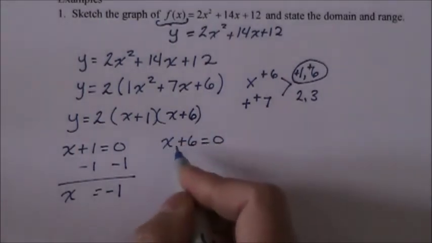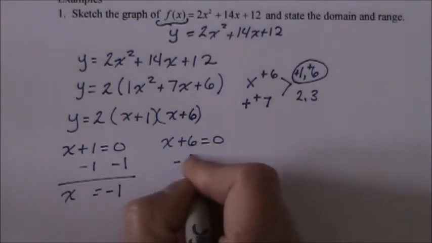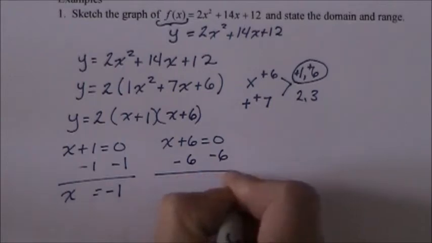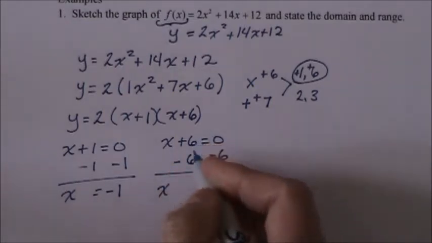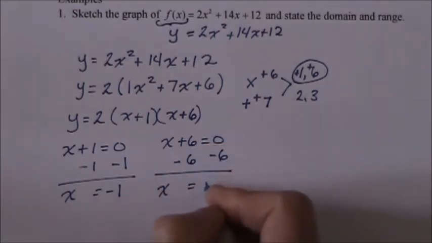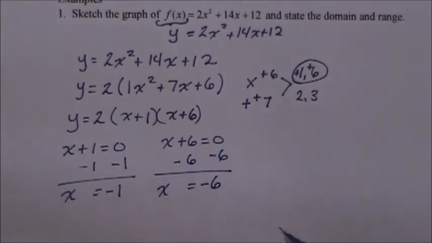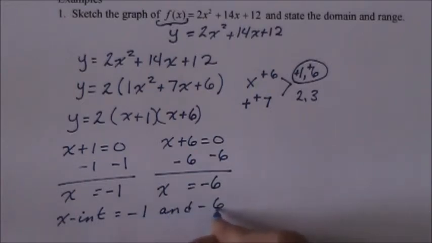And on this one, we're adding 6, so subtracting 6 from both sides, we have x equals negative 6. So we have x-intercepts at negative 1 and negative 6.